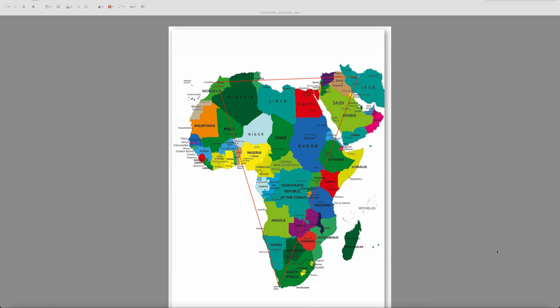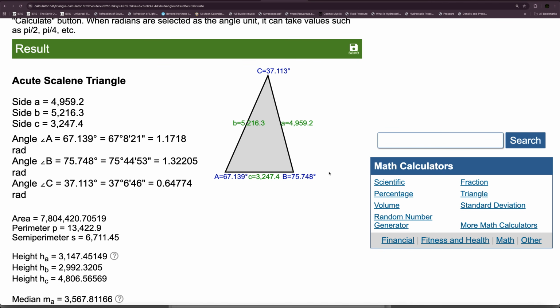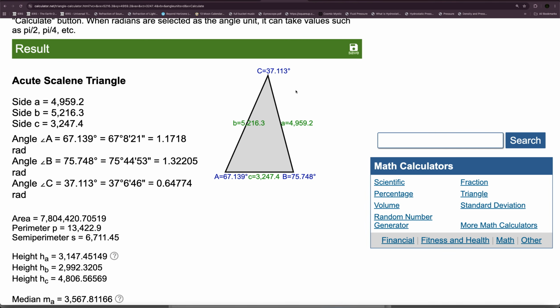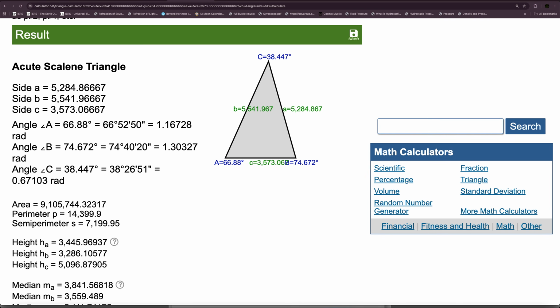Even in 2 dimensions, it's over 1,300,000 extra square miles in area. So even a 2-dimensional triangle with a perimeter of 14,399.9 will have an increase of 1,300,000 square miles. So that's just 2 dimensions.